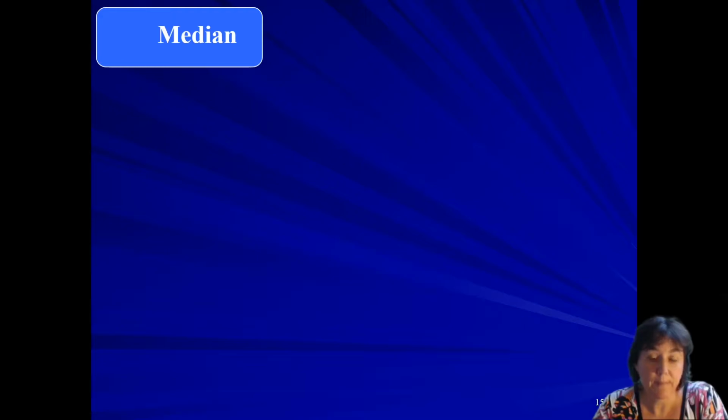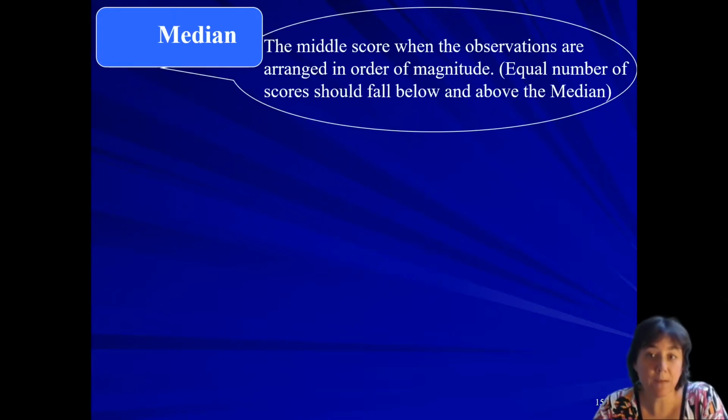Median. The median is the middle score if the observations are arranged in order of magnitude. And of course, sometimes you have an even number of data. Then you would have to take the average of the two middle scores.